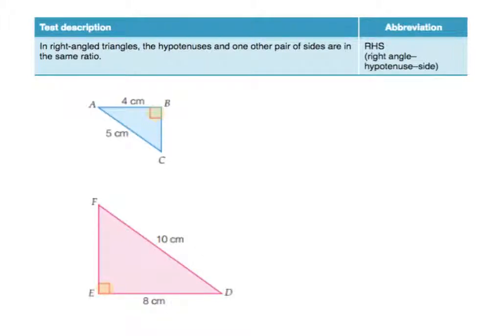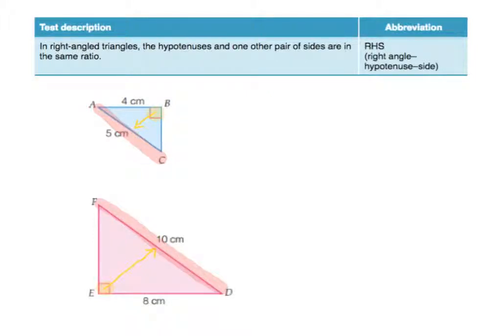Then to be able to use the rule, we need to have the hypotenuse and then one other pair of corresponding sides having the same scale factor. The hypotenuse is the side that is opposite the right angle on both of my triangles. So my hypotenuse is going to be AC and FD.